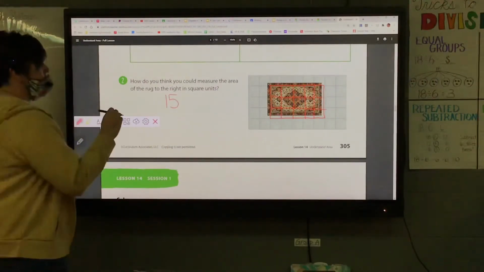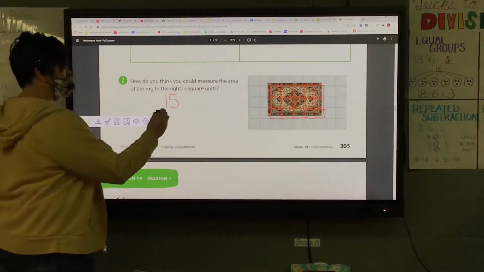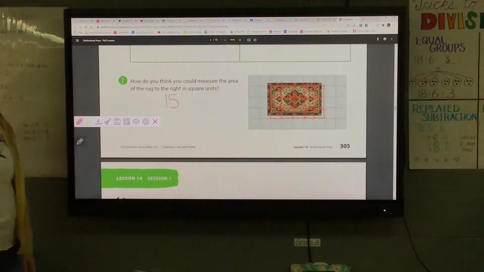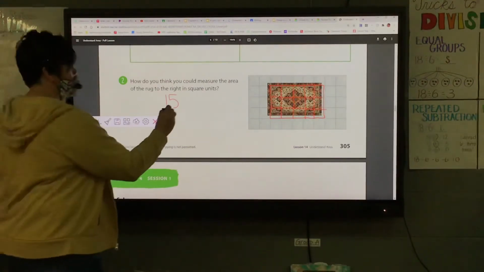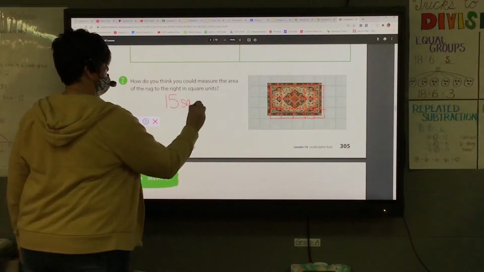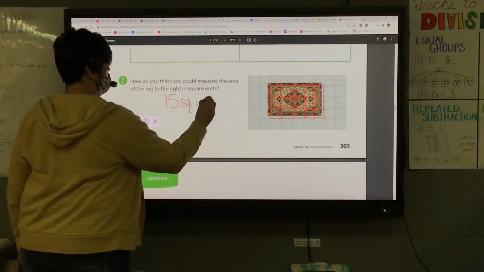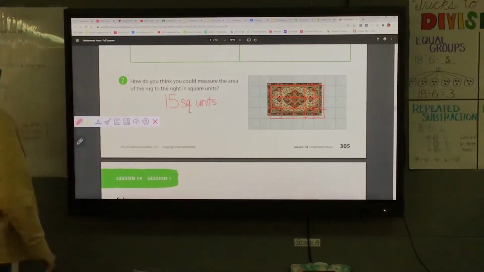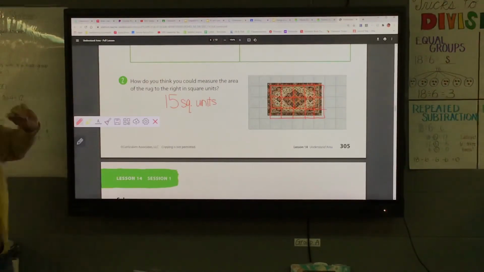Square units. Do you remember how to abbreviate square? SQ, SQ period and then the word units. I just put square since I had extra time. So it is 15 square units.